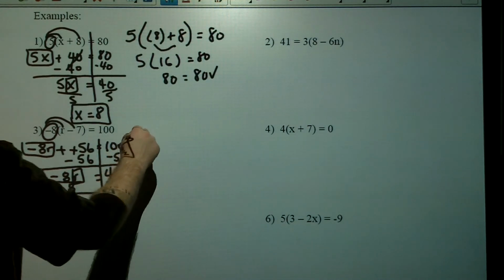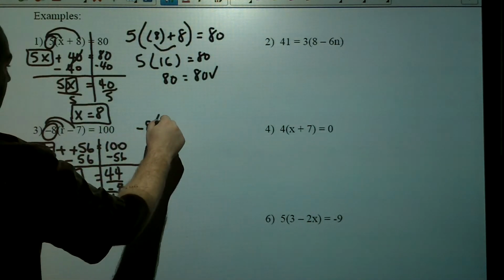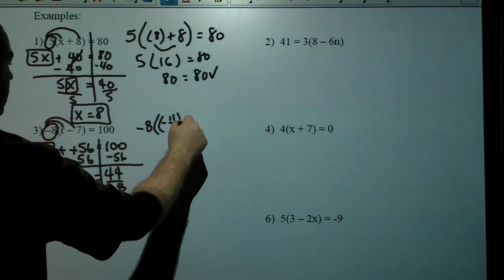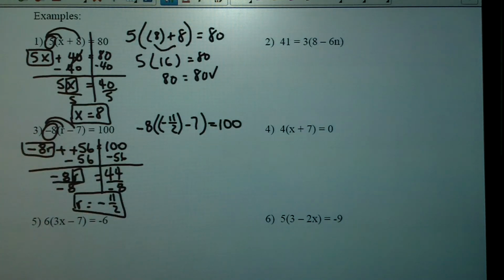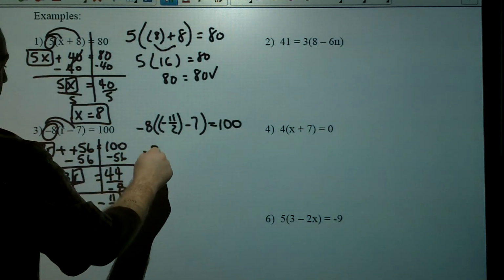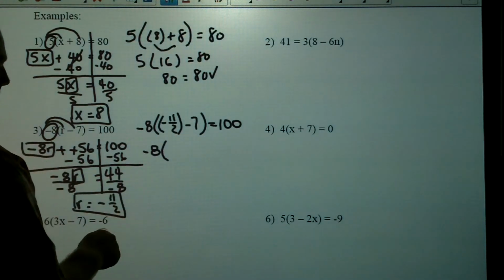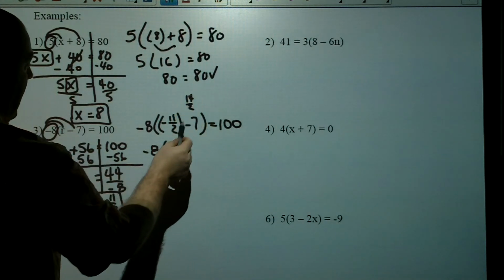To check this, negative 8 times parentheses negative 11 over 2, that's what r was, but now I found the answer, minus 7 equals 100. Parentheses are first, so negative 11 over 2 minus 7. 7 can be written as 14 over 2, so I have a common denominator.